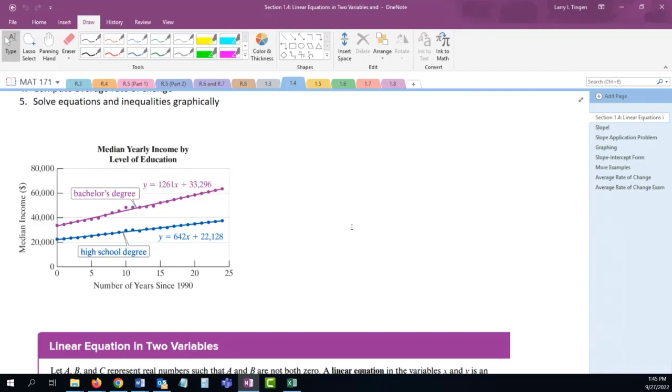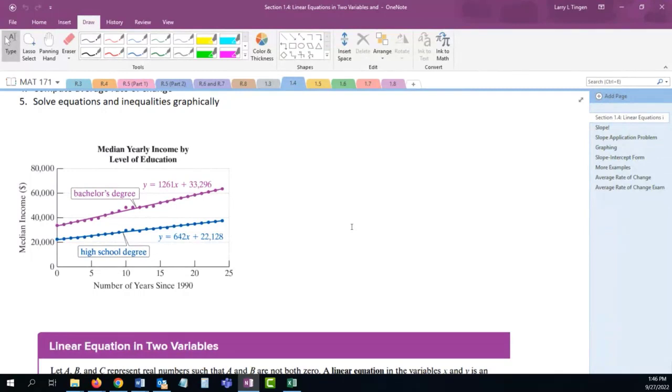On the x-axis there, you see 0, 5, 10, 15, 20. That's not the years 0, 5, 10. That's 5 years after 1990, 10 years after 1990, and so on. So you can see as time progresses, both groups seem to be getting raises, right?